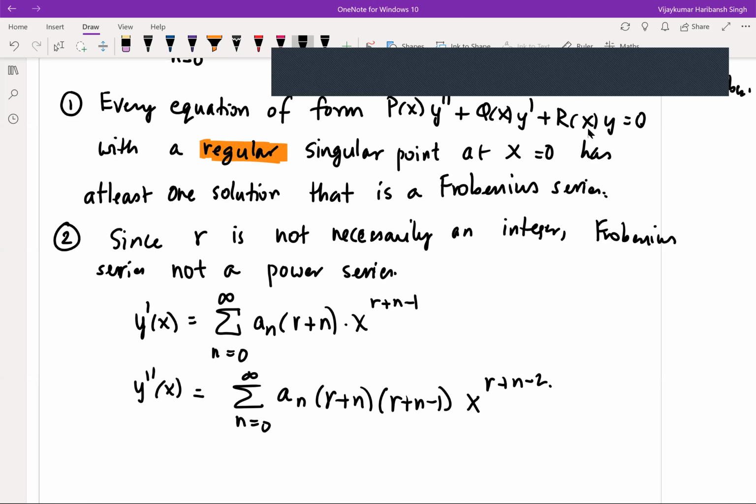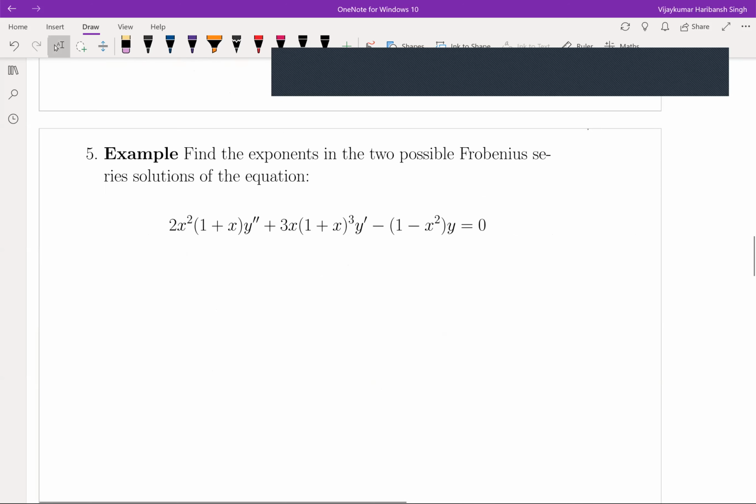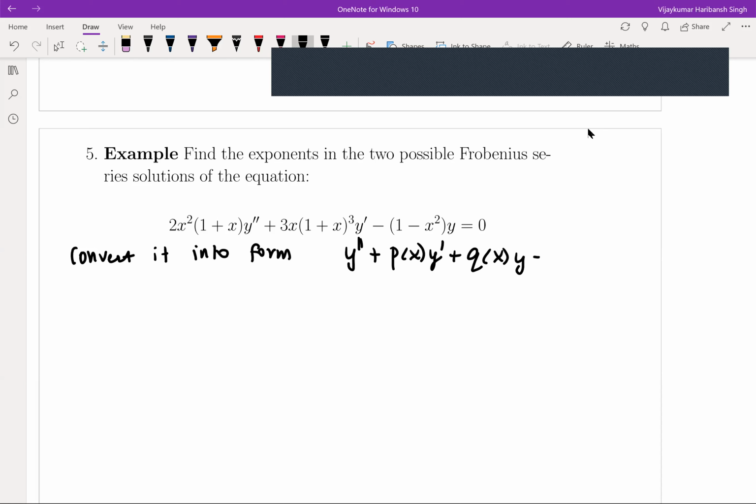Okay, so now let's work on finding a solution. Find the exponents in the possible Frobenius solution of the following equation, 2x squared plus... So first of all, convert it into the standard form y double prime plus p(x) y prime plus q(x) y equals 0.